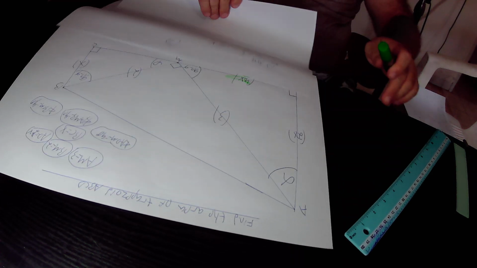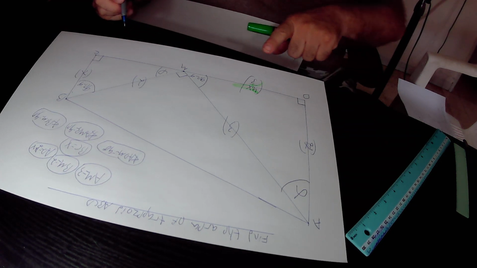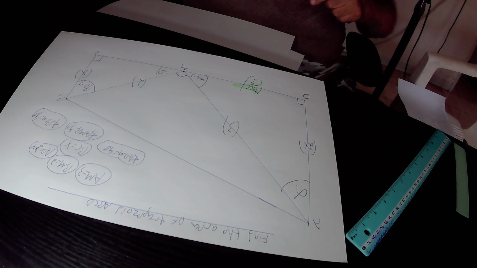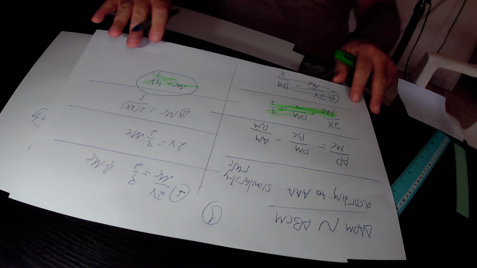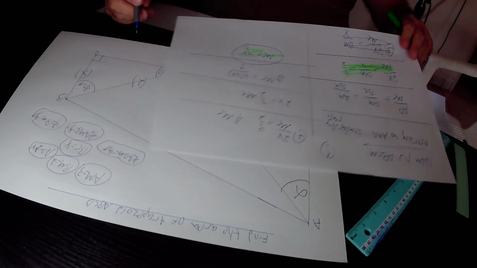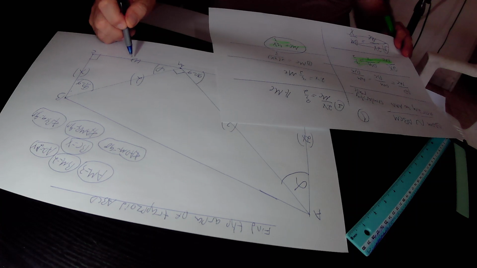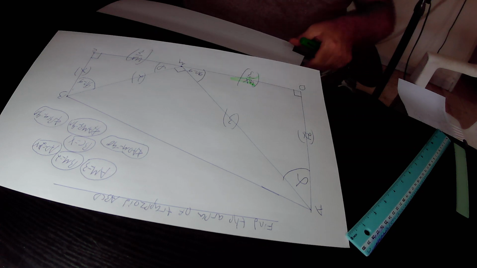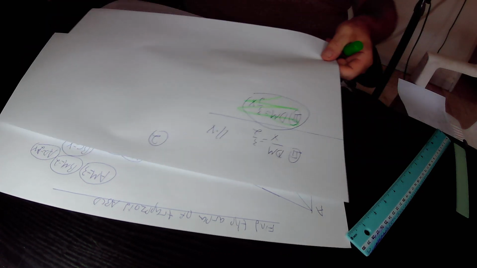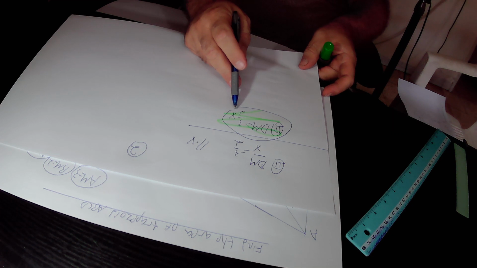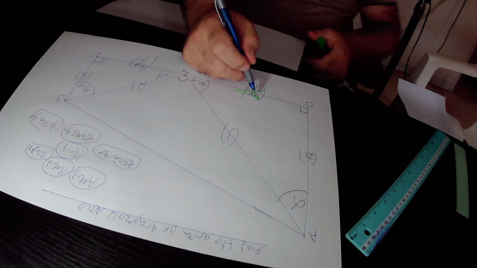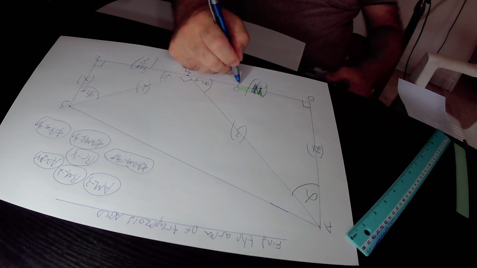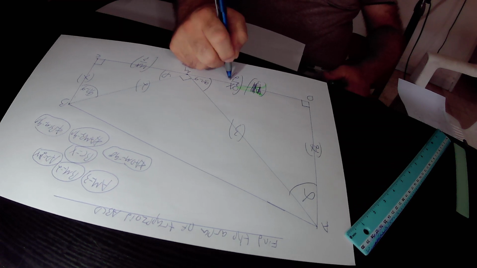So actually we found out that MC equals 4x over 3, and we also found out that DM equals 3x over 2 units in its length.